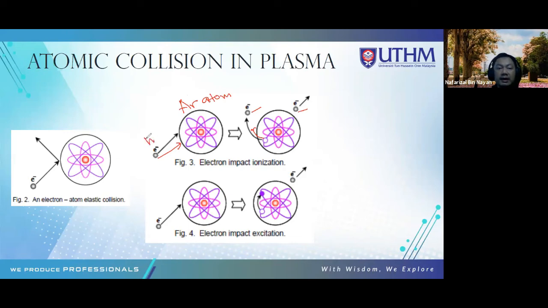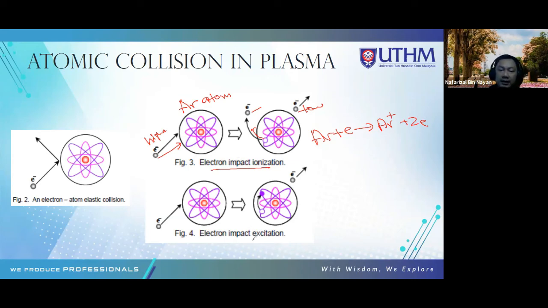So maybe this one is a very high energy, and this is a low energy. But you have argon plus electron become argon ion plus 2 electrons, right? So this is the basic of electron impact ionization that will occur inside the plasma.